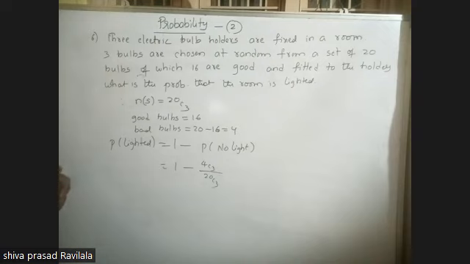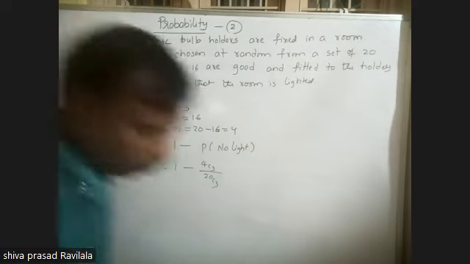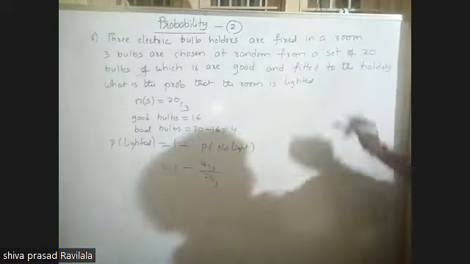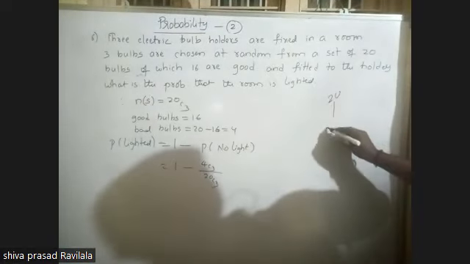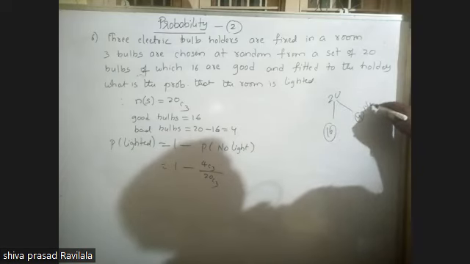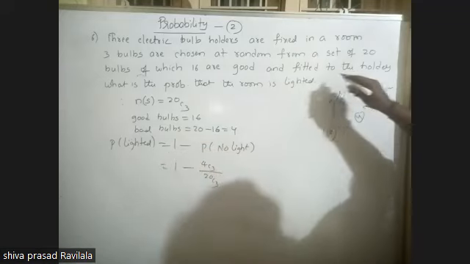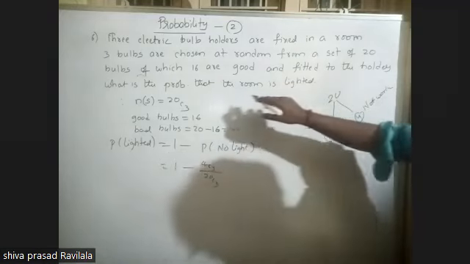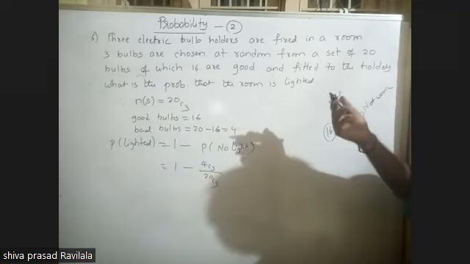First case. And the second case, of which 16 are good bulbs. In this 20 bulbs, 16 are working. 16 are working means automatically 4 are not working. And fitted to the holders, what is the probability that the room is lighted? Room velagali antandi.